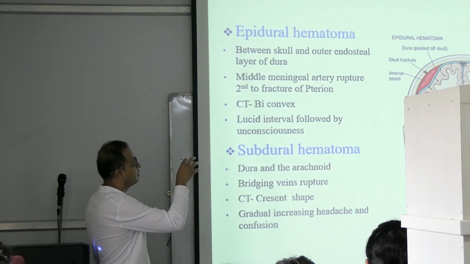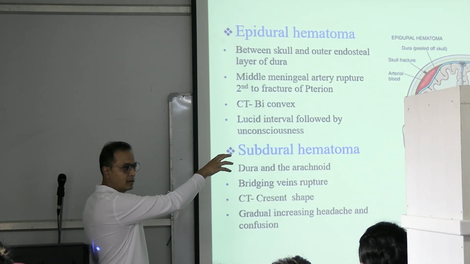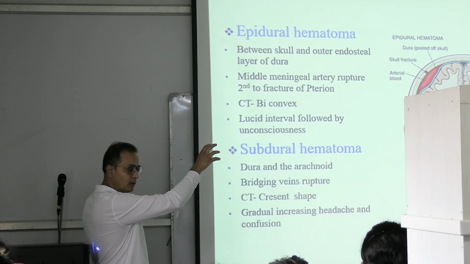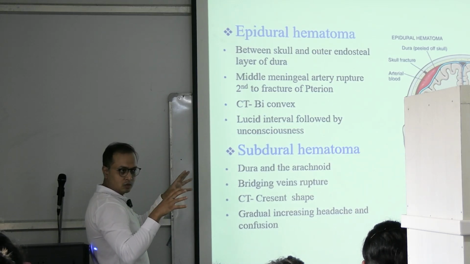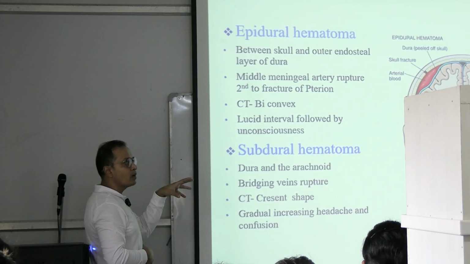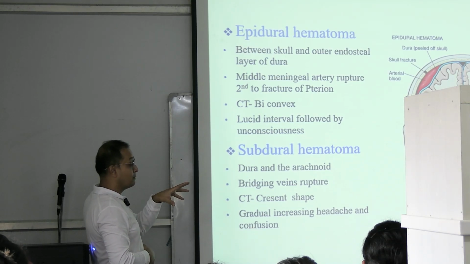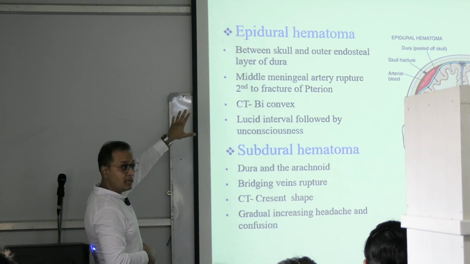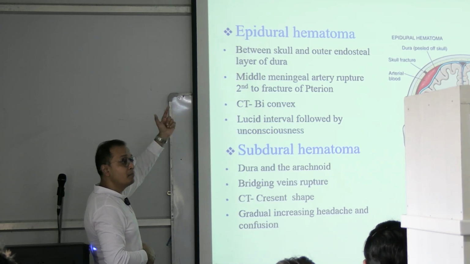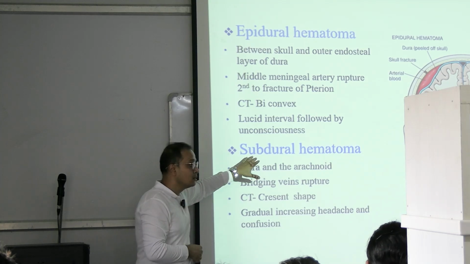If this blood is leaking and staying in some part of the meningeal space, we call it a hematoma. Depending on where the hematoma is located, we give it different names. If it is above the dura mater, we call it epidural, just like epidermis, and if it is below, we call it subdural.